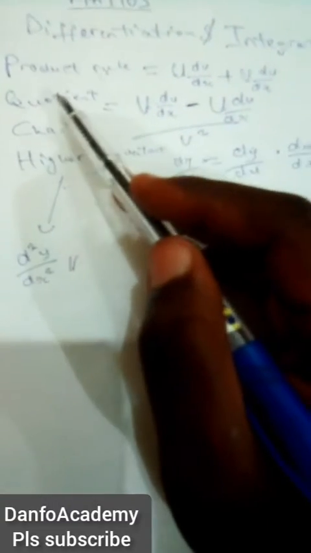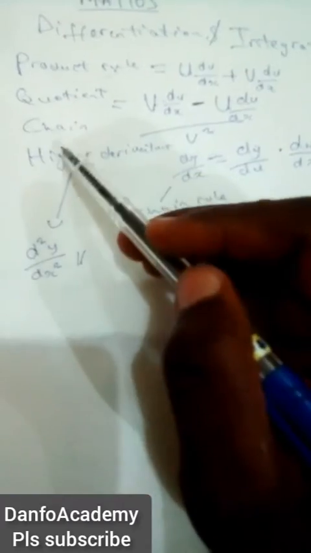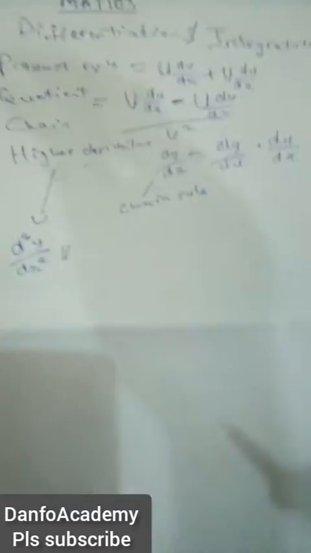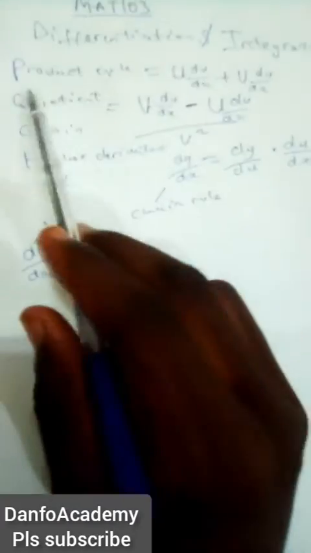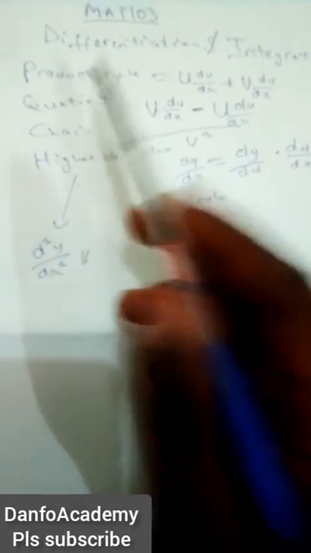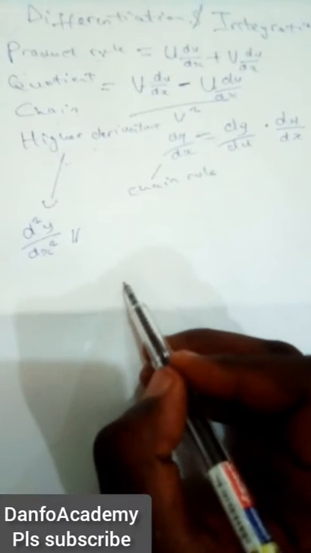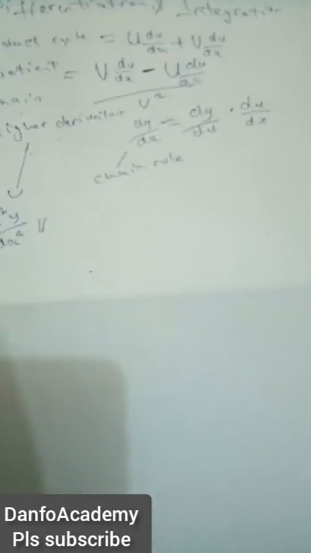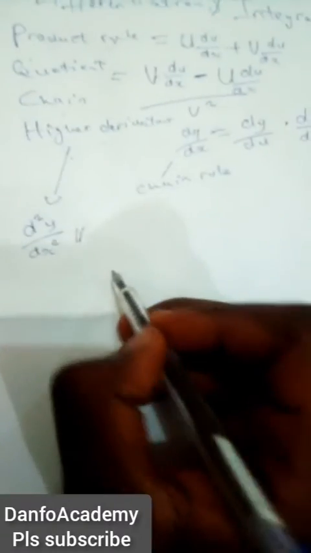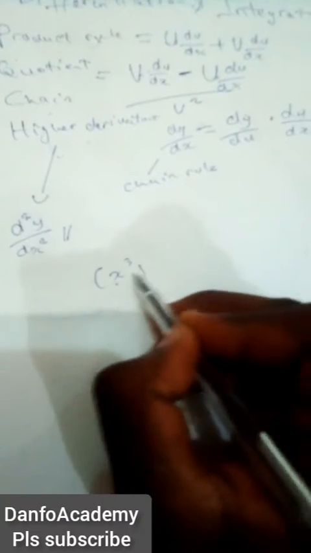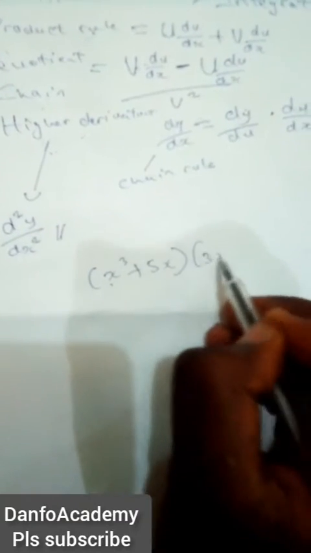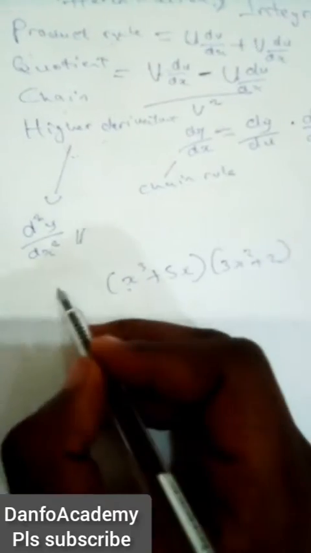Now we have some conditions in which, if you see an equation, you have to use the product rule, or the quotient rule, chain rule, or higher derivative. For the product rule, you must have two expressions multiplying each other. Let's say you are given (x cubed plus 5x) times (3x squared plus 2), and this is y.